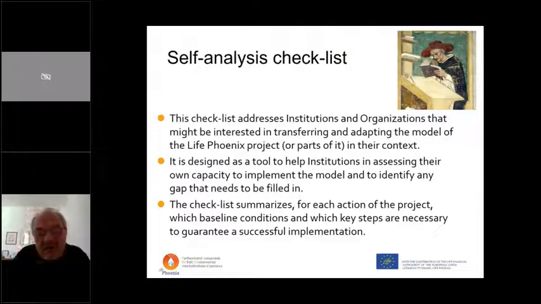This is like a questionnaire: do we have that or not, do we need that or not, is it necessary or not. The checklist summarizes, for each action in the project, which baseline conditions and which key steps are necessary to guarantee a successful implementation.